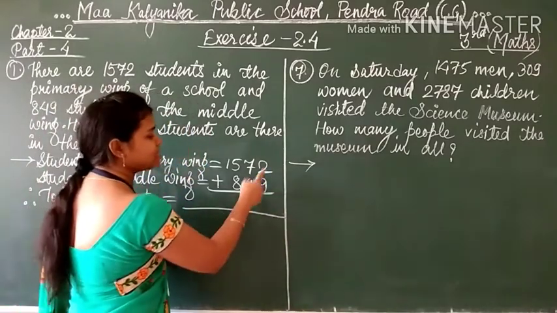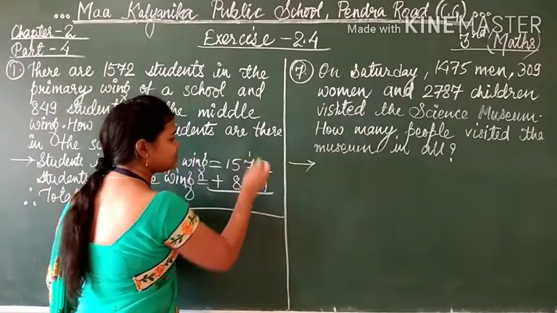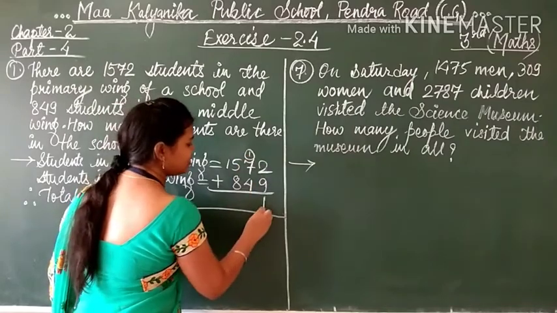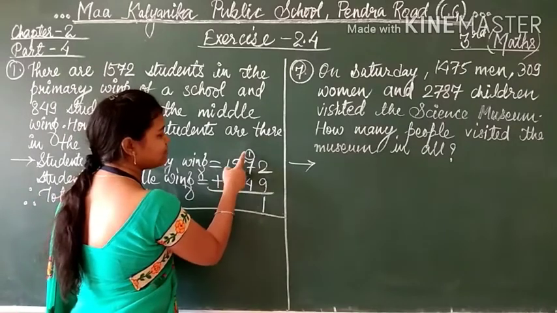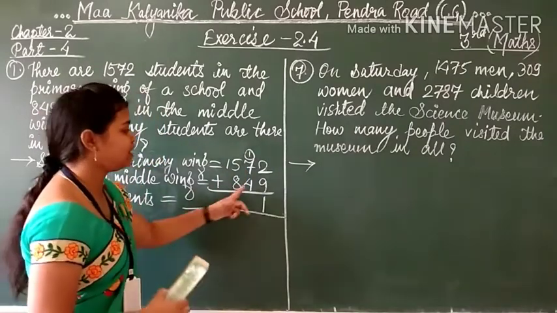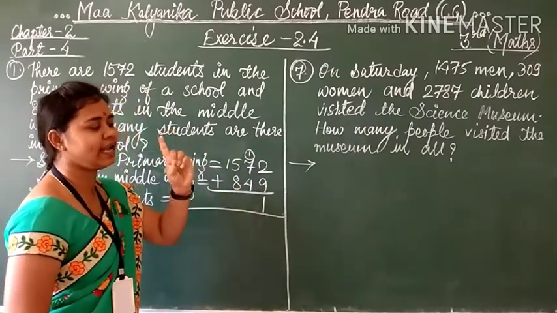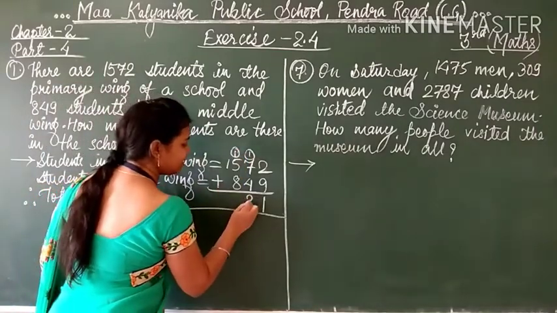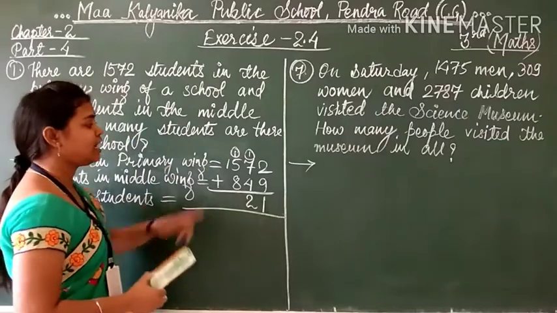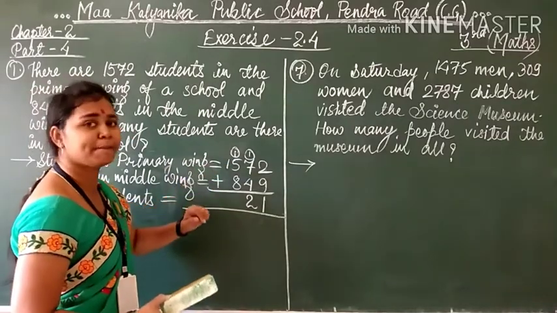So 9 plus 2, 11, 1, carry 1 here. 9 plus 2, 11, 1 and 1, 11. Now 7 plus 1, 8, 8 plus 4, 9, 10, 11, 12. So 1 carry and 2 here, 12. Now 5 plus 1 is 6.